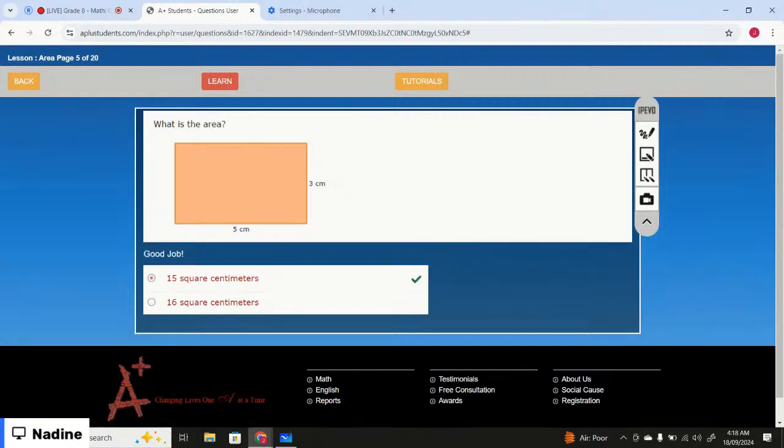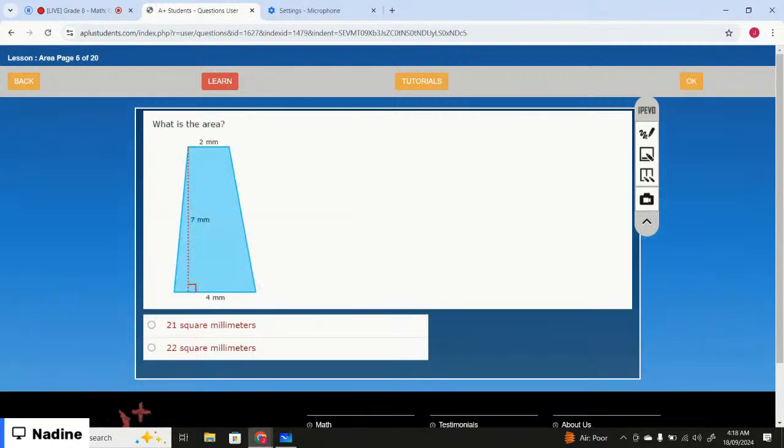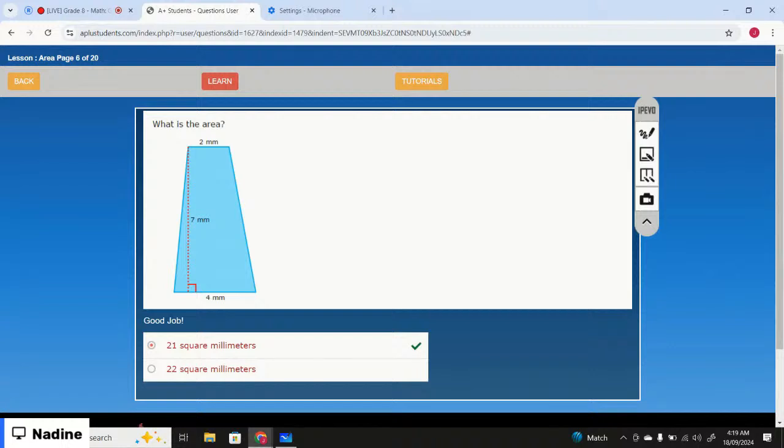Got it. What is the area, which is the correct option? The correct option is 21 square millimeters.